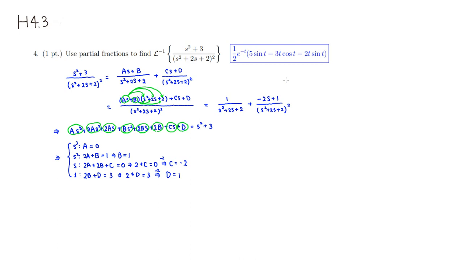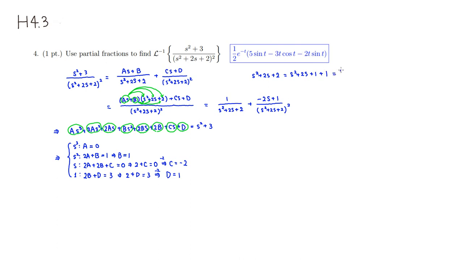Then we can complete the square. For s squared plus 2s, you need 1 to complete the square, but we have 2, so there's an extra 1.